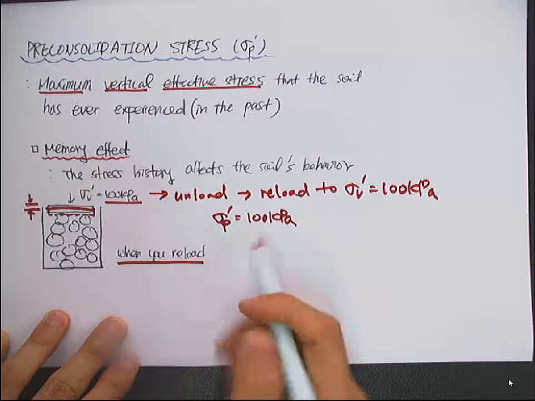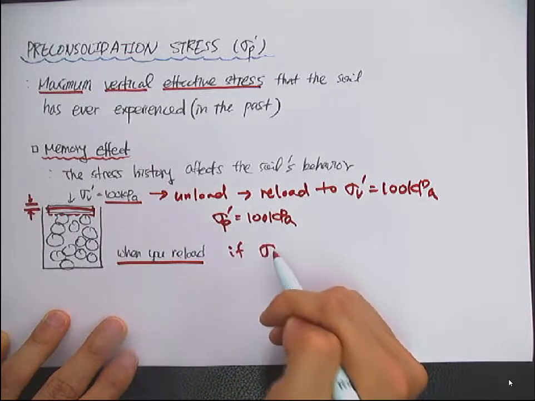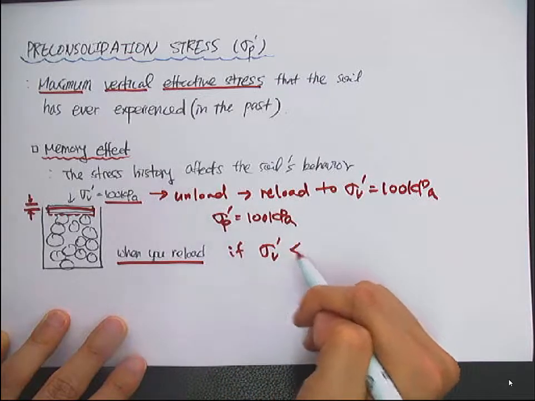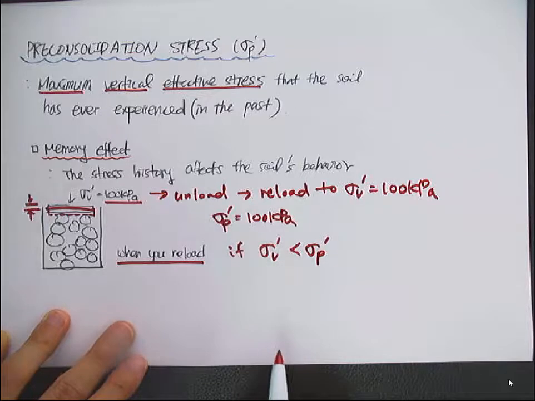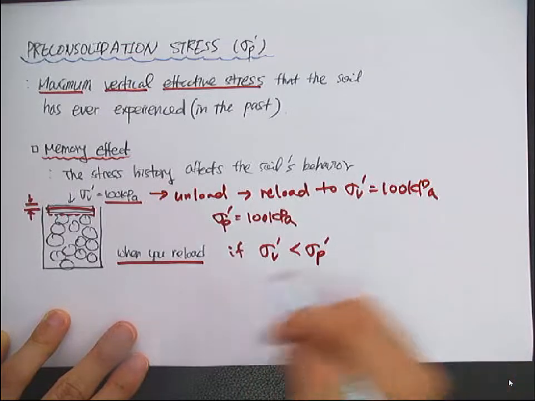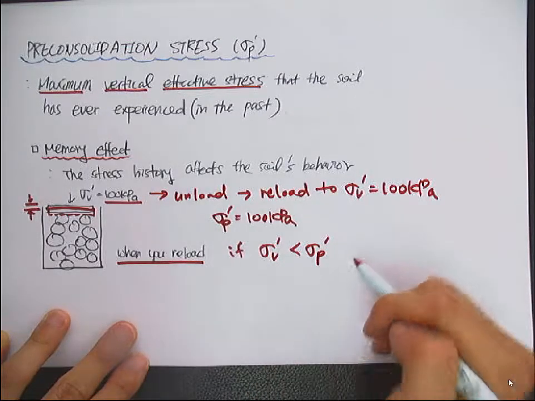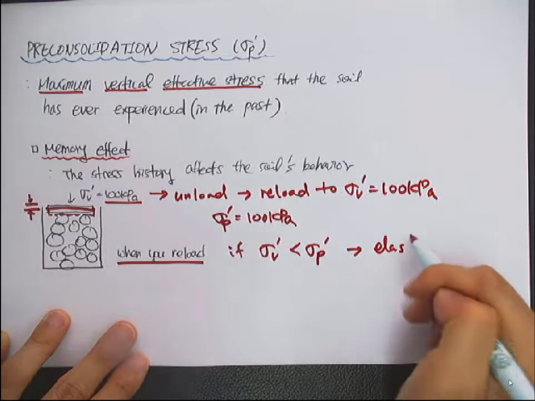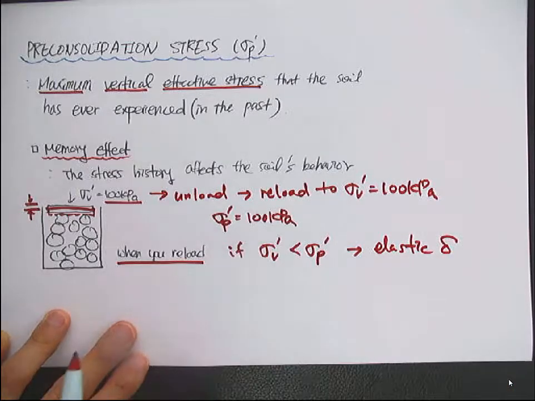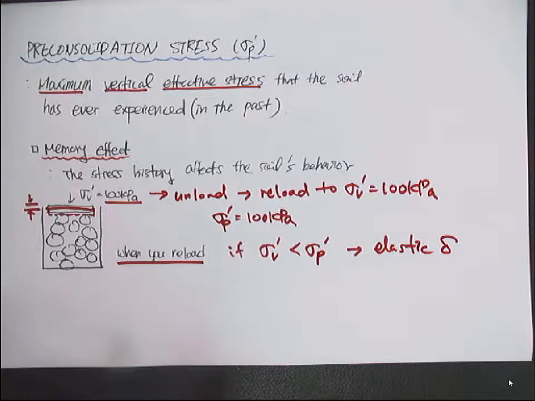And when you reload, if sigma v prime, the current vertical effective stress, is less than sigma p prime, let's say that you apply only 50 kilopascals, then only elastic deformation occurs. Why? Because the soil remembers that there was 100 kilopascals of loading, so it knows how to resist this amount of loading.